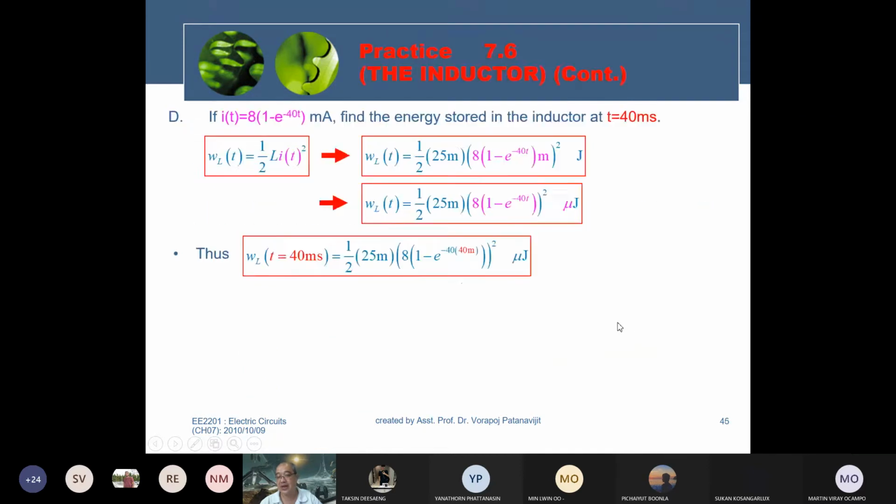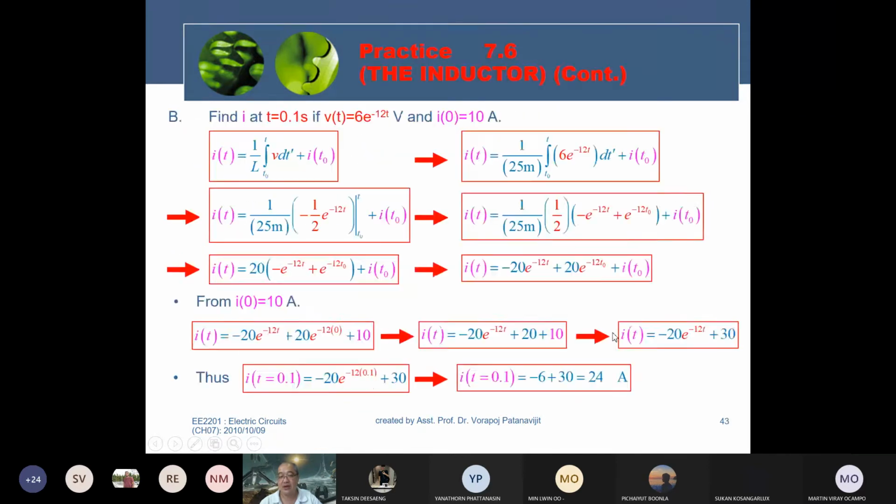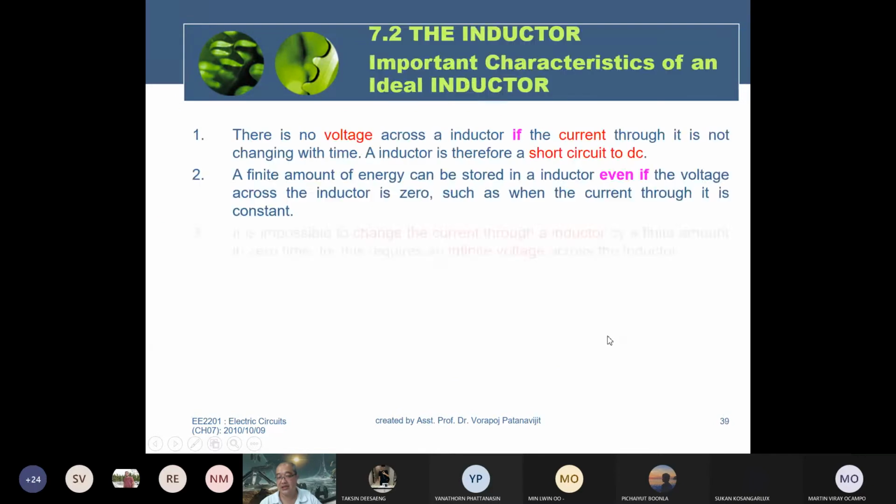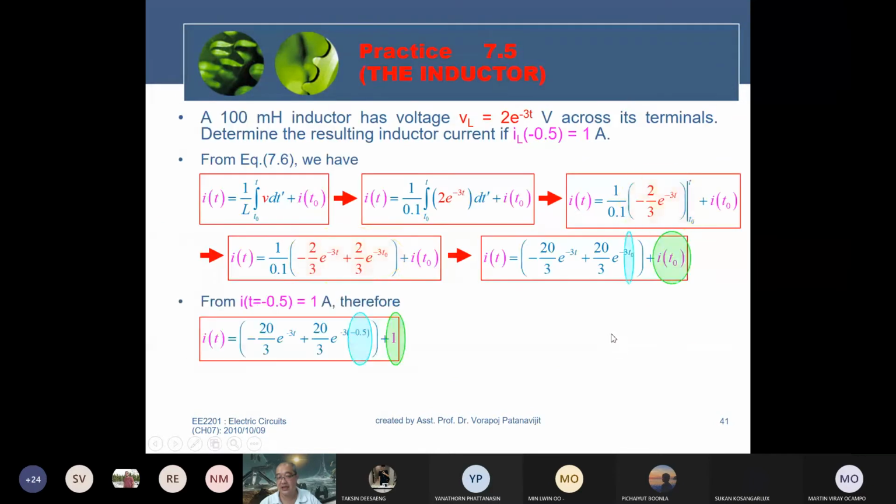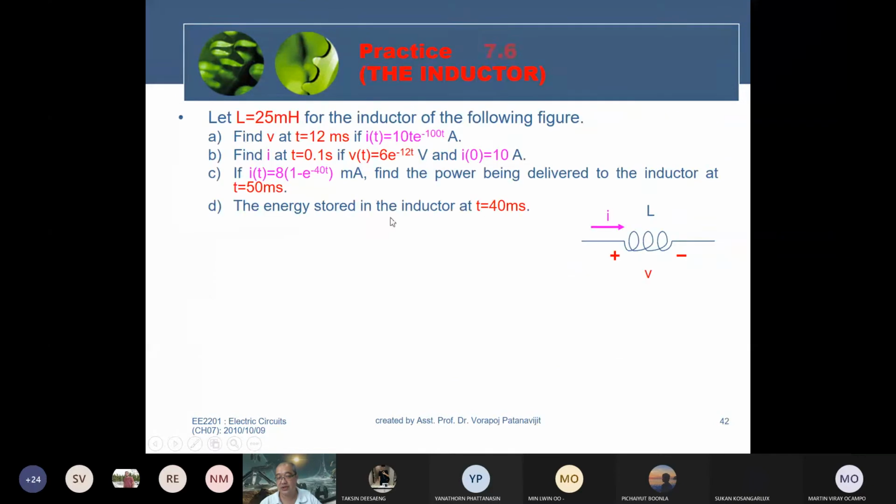Now, as I told you before, the overall question in this exercise is here. You can see that they give you V or give you I, and can ask you for the other. You know that V_L equals L di/dt.